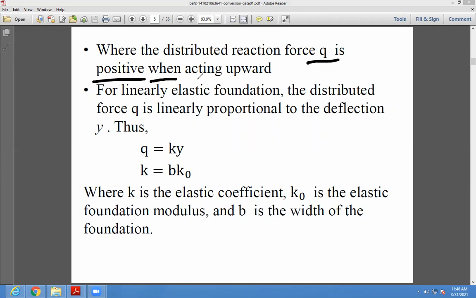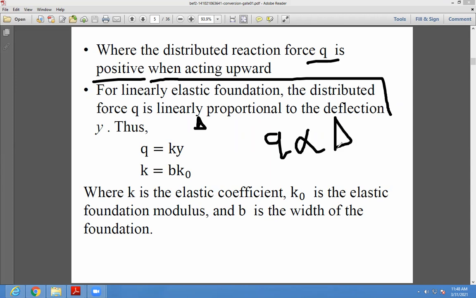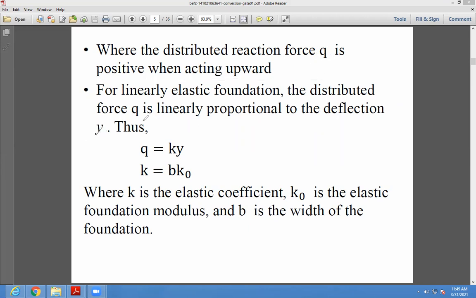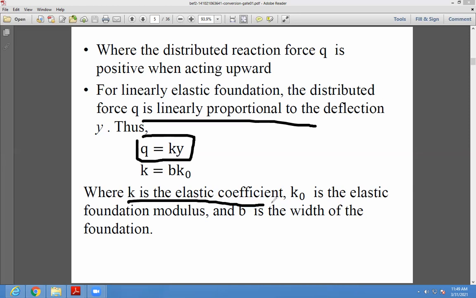For a linearly elastic foundation, the distributed force Q is linearly proportional to the deflection Y, or delta, as we discussed in the last lecture. So Q is equal to K into Y, where K is the elastic coefficient.